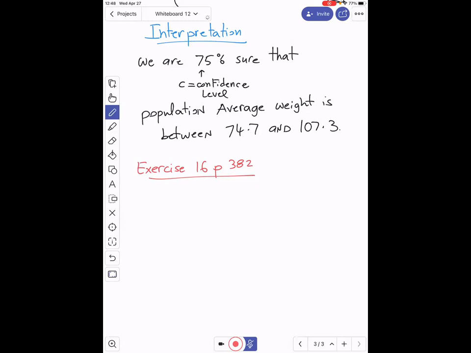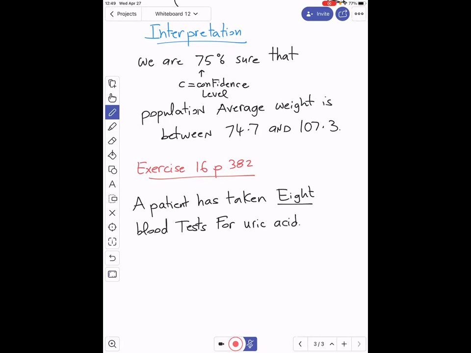It says a patient has taken 8 blood tests for uric acid.